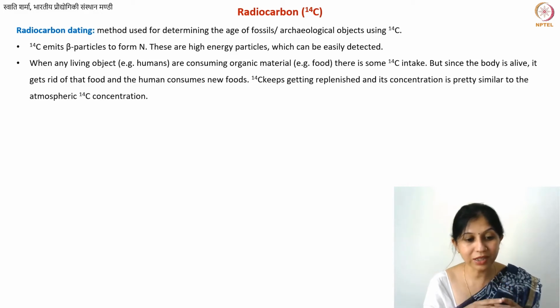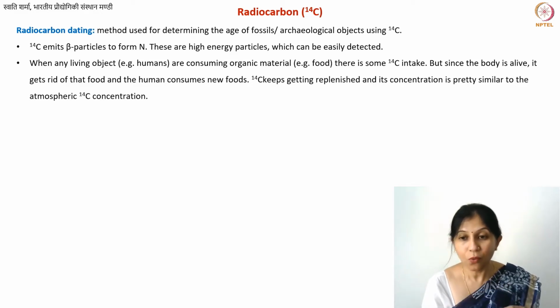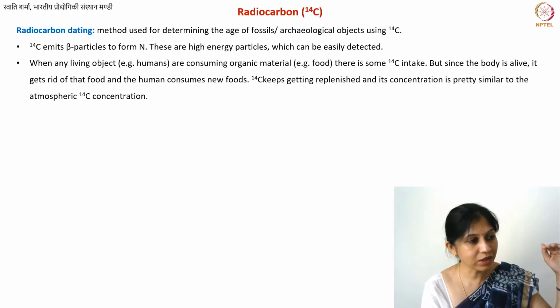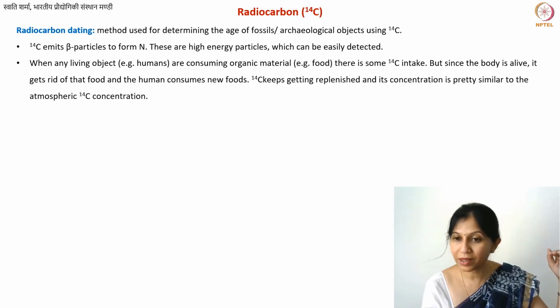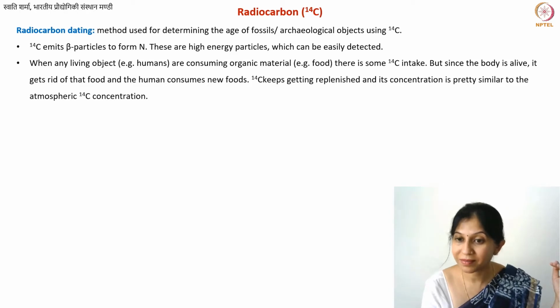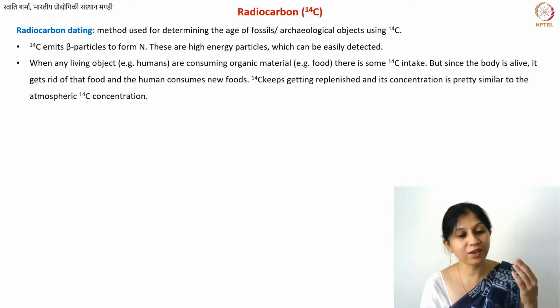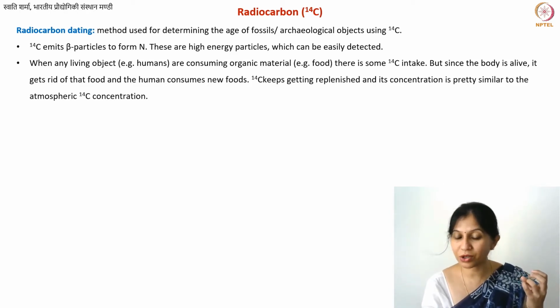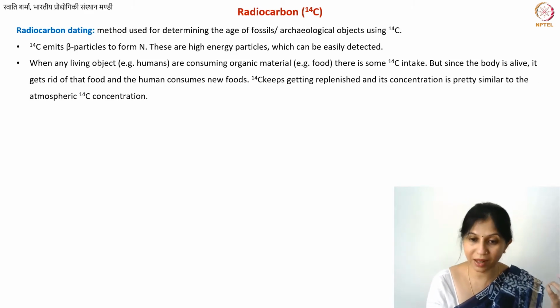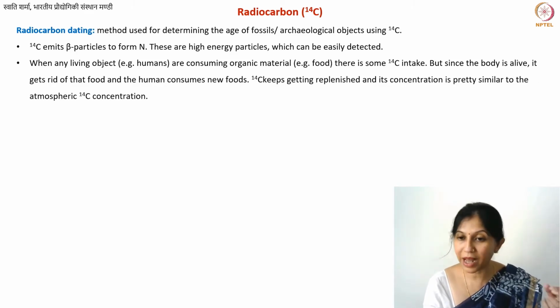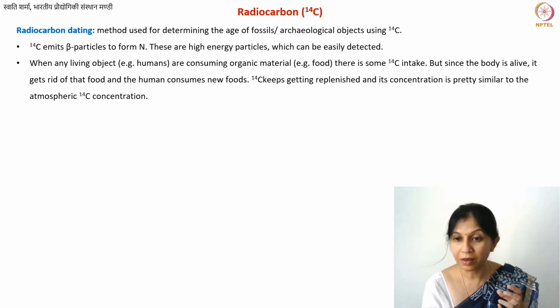So the concentration of carbon 14 in that tree would be equal to the concentration of carbon 14 in the atmosphere. So now we can guess what this concentration in the atmosphere was at various time points, and then we match that with the value that we found in the experiment, and that is how we kind of guess the age of that particular object.